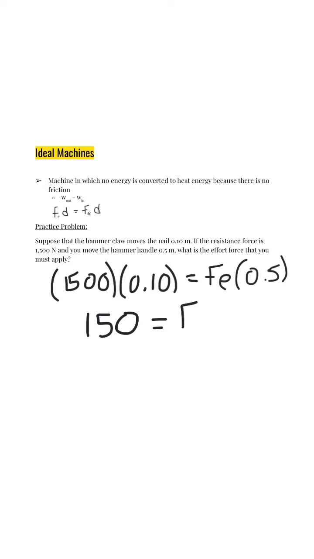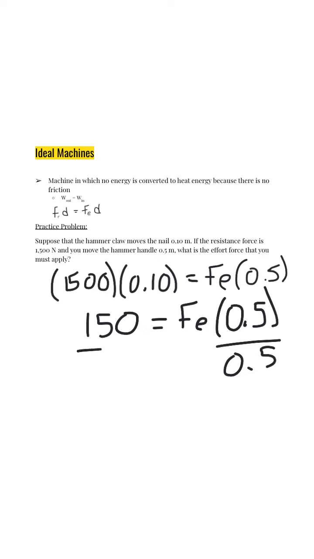That is equal to the effort force, which is what we're trying to find, and the effort force is multiplied by 0.5. The next algebra step is to divide by the 0.5. So that goes away, and the effort force we're left with, 150 divided by 0.5, is 300.